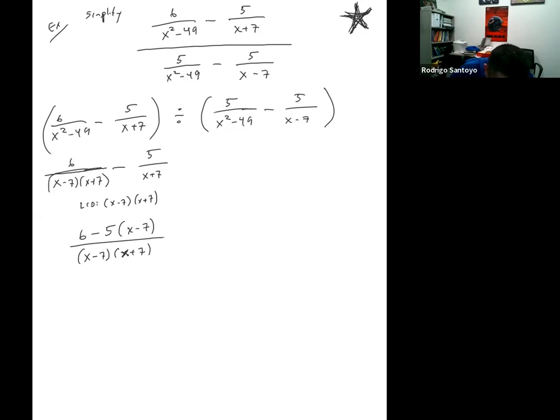All right, we distribute, we're left with 6 minus 5x plus a 35, right, over x minus 7, x plus 7. That look about right there, y'all? Negative 5x, yep, sure does.